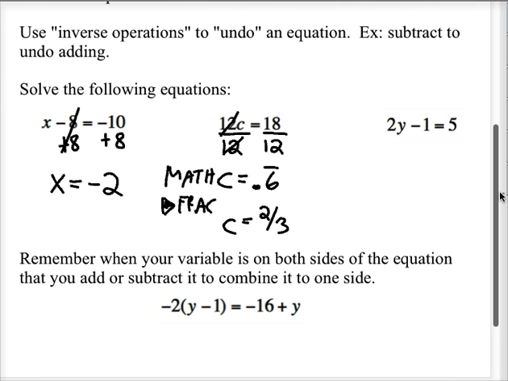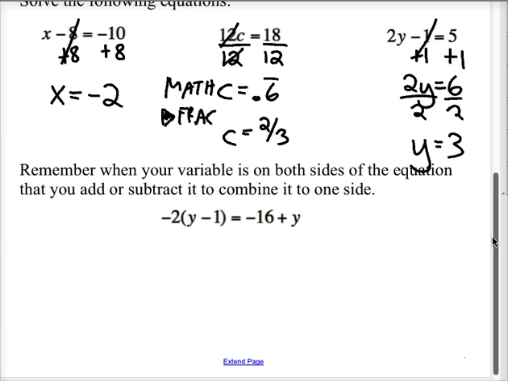I'm going to take care of that subtraction first, so I'm going to add that 1 over. And then I'm going to divide by the 2. So make sure when you have multi-step problems, you're doing it in the right order. Make sure you are truly undoing PEMDAS, going in the reverse order.